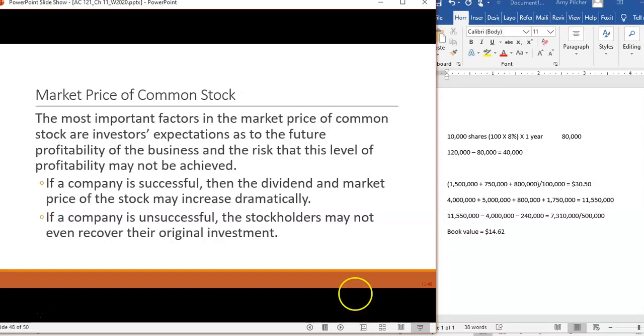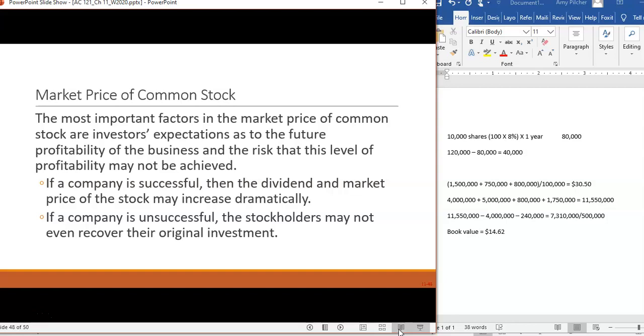So another factor of a market price for common stock is what we expect the future profitability of the business to be. So if the company is really successful, then the market price of the stock can increase dramatically. If a company is not successful, then stockholders might not even recover their original investment.